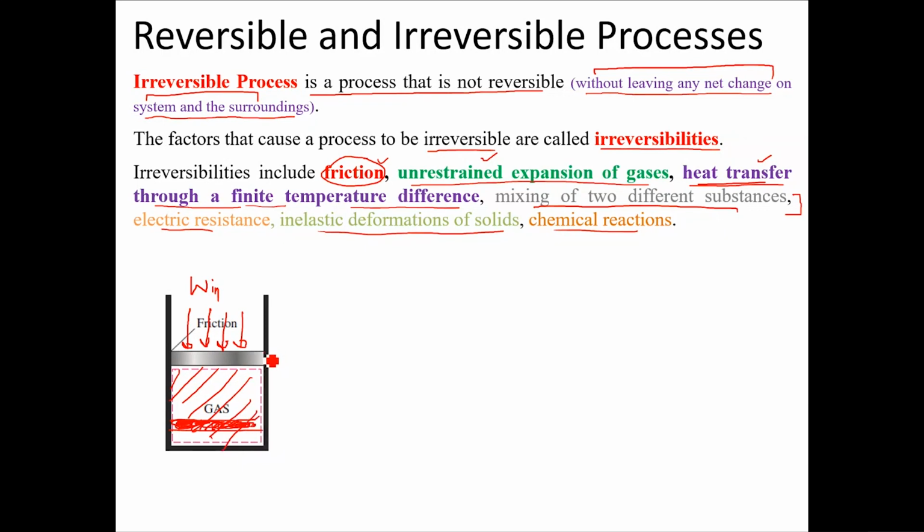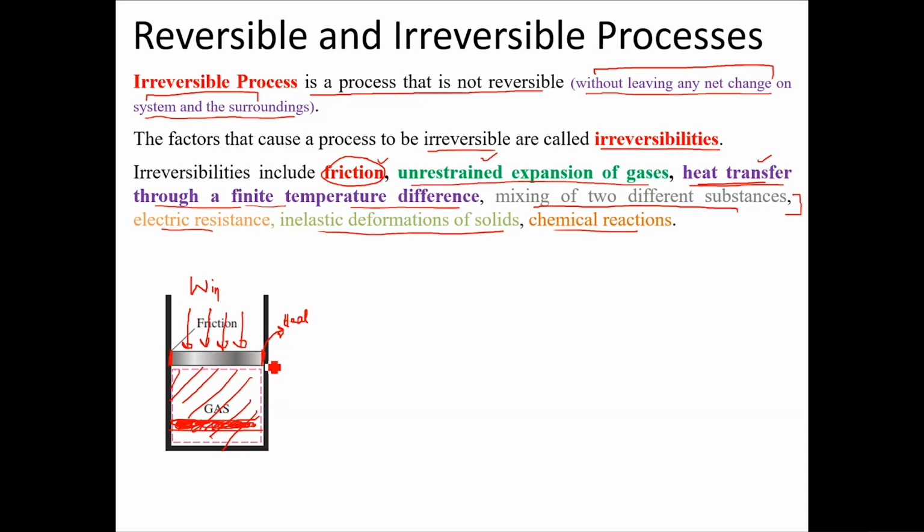As the piston is moving along this piston cylinder assembly, at this point of contact, friction exists, and as a result of this friction, heat is generated, and heat gets transferred from the system to the surroundings.